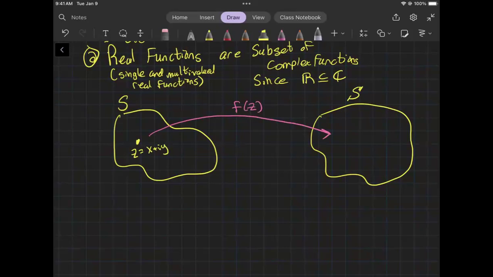Okay, and what we will end up with is some generic point in S prime. This is S prime, this is S right here. So I'm calling my output set S prime, and that would be a complex number, let's say w equals u plus iv. Okay. So it'll be another point in the complex plane.